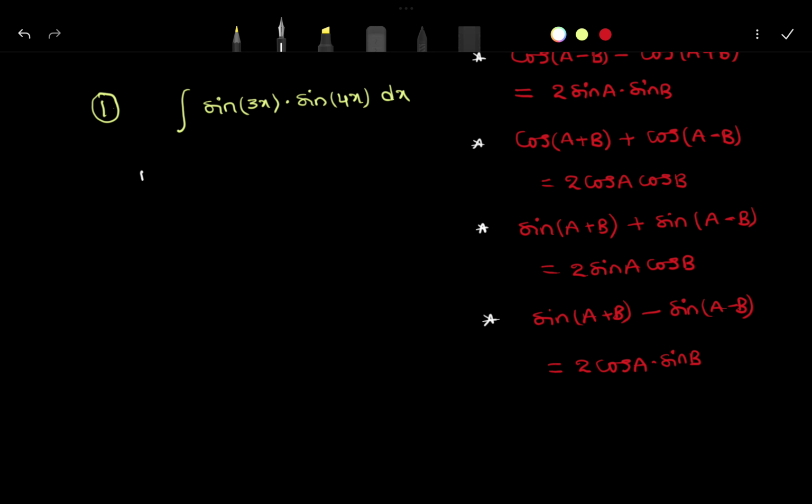Now multiply and divide this by 2. Then this value will be 1 by 2 into the integration of 2 sin 4x sin 3x dx. By observing this, it is in the form of 2 sin a sin b.